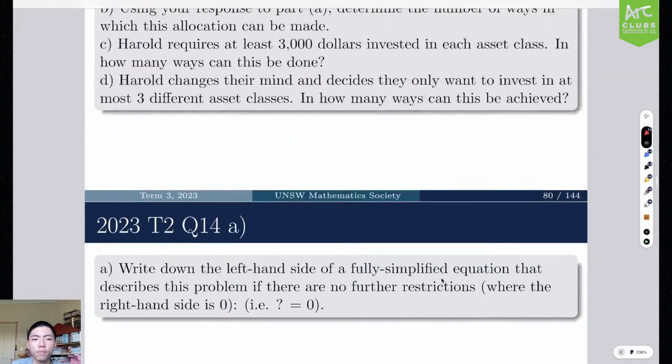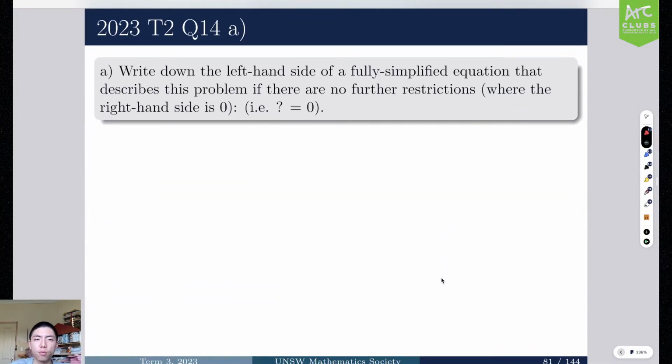So essentially, if we know that we have gold, shares, crypto, and cash, right? They have to sum up to 30,000, or they have to sum up to 30 units of 1,000. So we know that simply this is going to add up to 30, right? Because all of them are going to be together.